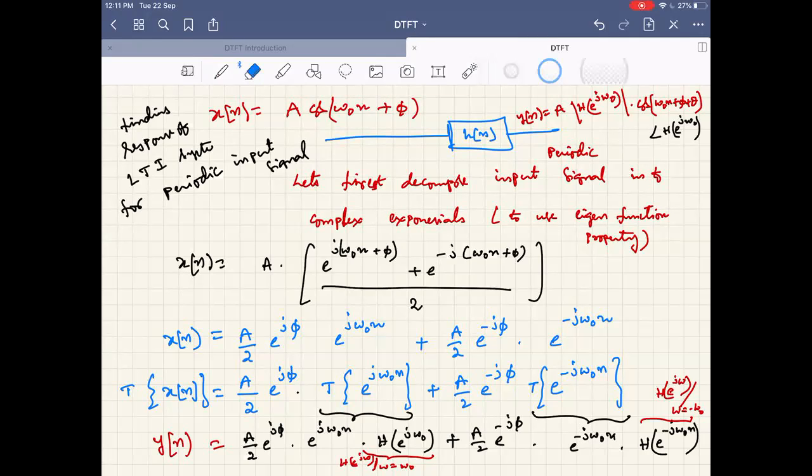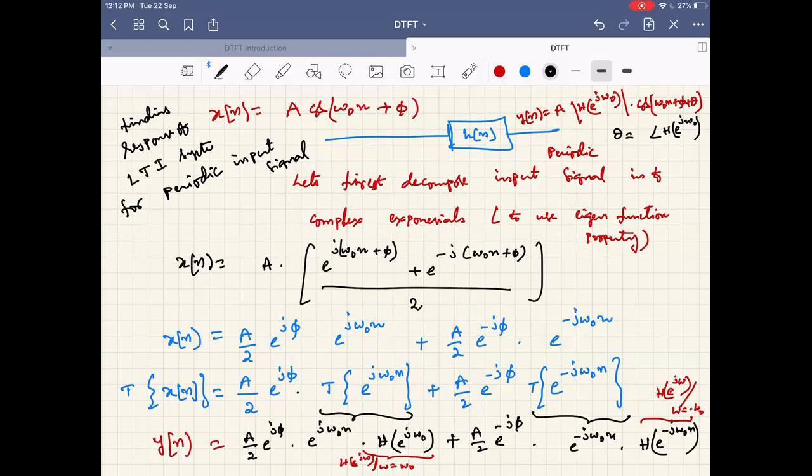So this is how we can write for any periodic function, and in addition to exponential functions, for cosine functions as well the output falls in a nice form. The input is a cosine signal of omega naught frequency, and the output is also exactly the same frequency.